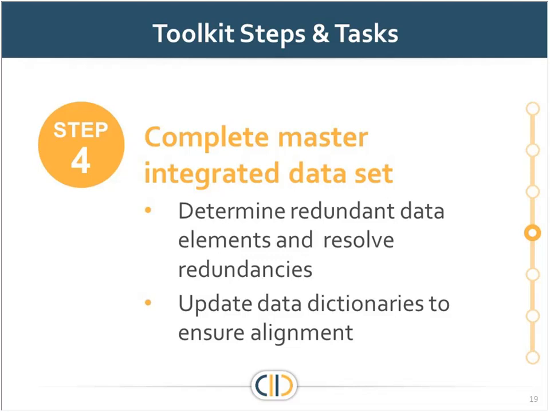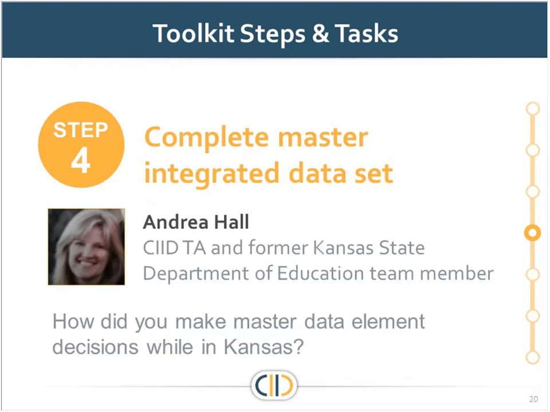Those types of determinations and discussions really use the documentation created in step 3, and that activity is conducted within step 4 here. And to talk a little bit about how this is happening in states, Andrea from within CIID, but also formerly of Kansas, is going to talk a little bit about that. So take it away, Andrea.